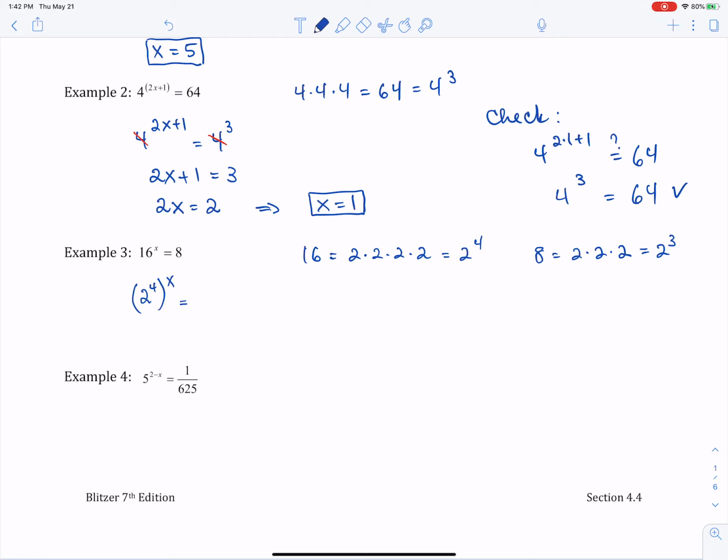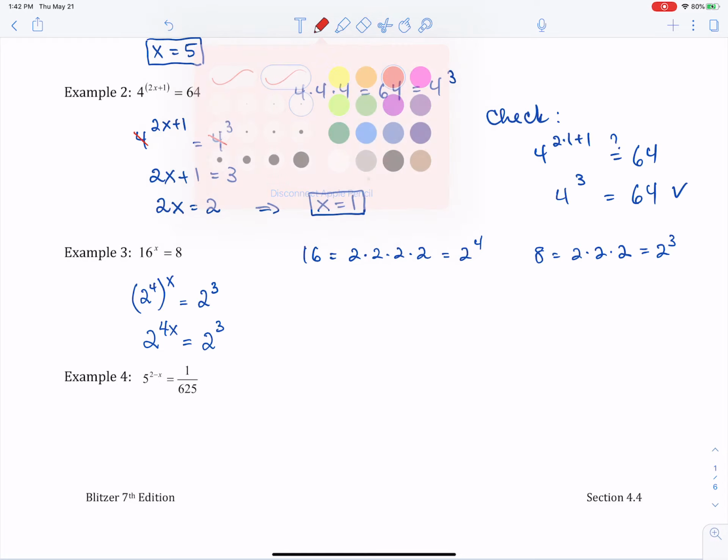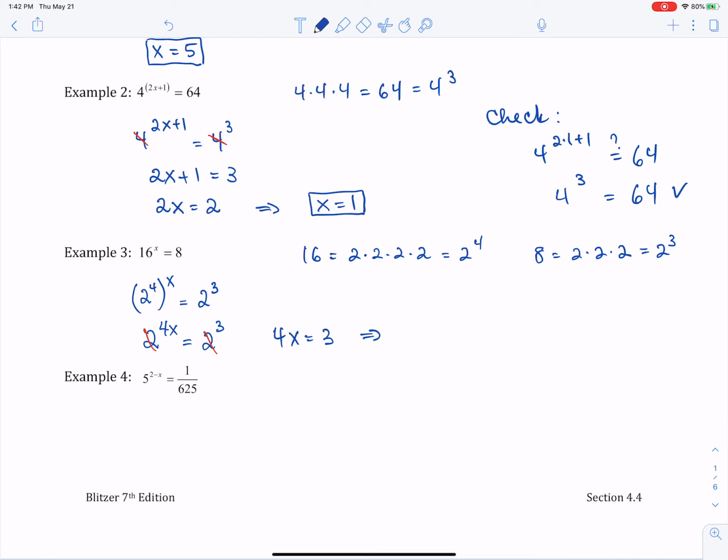And 8 is 2 to the 3rd. Based on properties of exponents, this is the same as 2 to the power of 4 times x, and 2 to the 3rd. Once we have the same base, we can cancel the base and make 4x equal to 3, which means x needs to be 3/4.